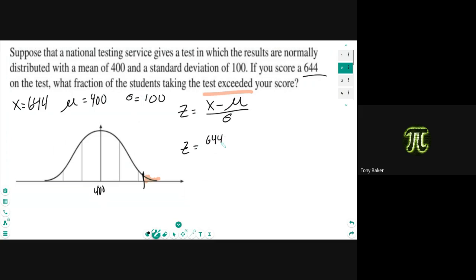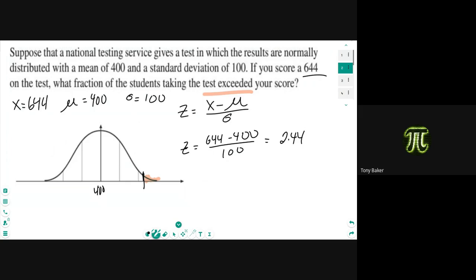So 644 minus 400 divided by 100 gives you 2.44. When you're doing the chapter 8 homework, throwing this formula into Desmos so you can just change the numbers is probably going to be an amazing feature, because you're going to do a ton of these problems that are very similar. So we got 2.44 as my z-score.